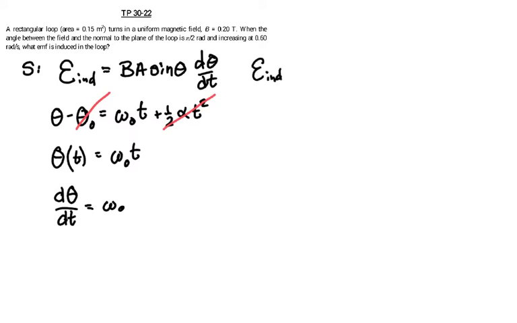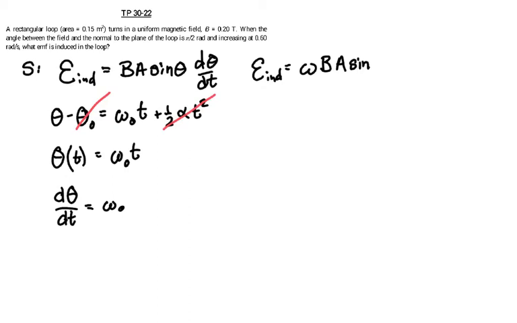So now we have the induced EMF is equal to our angular speed of our loop times the strength of the magnetic field flowing through our loop times the area of our loop times the sine of the angle between our magnetic field vector and the unit vector normal to the surface that is circumscribed by our loop.